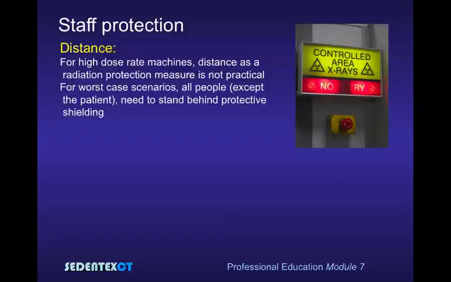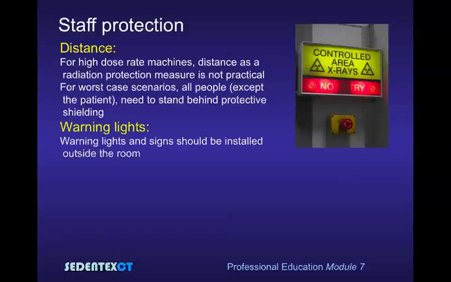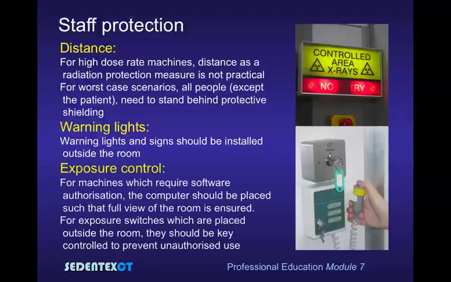For high dose rate machines particularly, distance as a radiation protection measure is therefore not practical. And for worst case scenarios, all people except the patient need to stand behind protective shielding. It is a good idea to have warning lights and signs installed outside the room where the cone beam CT examination is being performed.